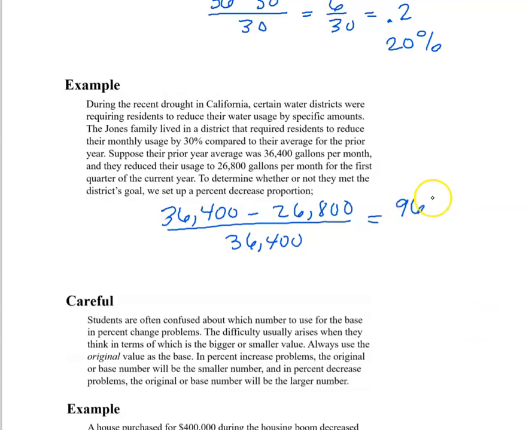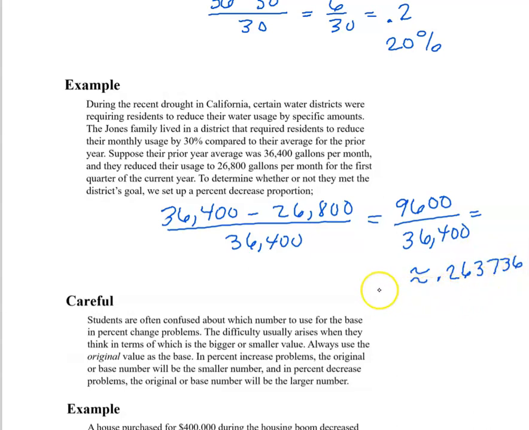So we get 9,600 divided by 36,400. Okay, and that is going to give us approximately 0.263736, kind of repeats like that.